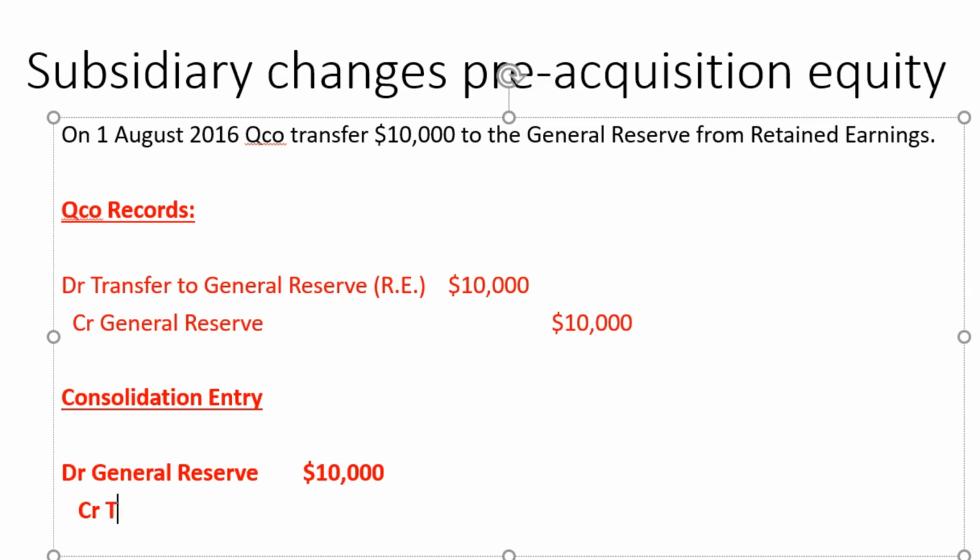And we would credit the transfer to the general reserve. This is retained earnings it's coming from, $10,000. So that this would net off with this debit coming to zero. So this would restore the pre-acquisition equity balances as they were before QCO made this change.